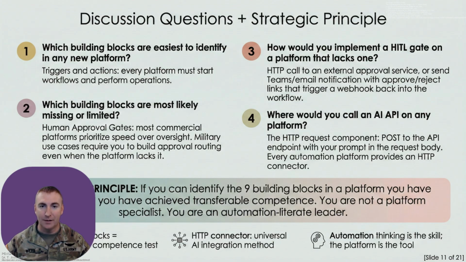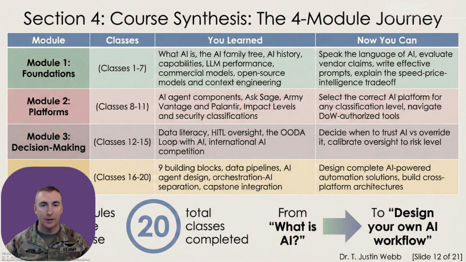Every automation platform has one. The principle: if you can find the 9 building blocks in a platform you have never used, you are not a Power Automate specialist. You are an automation literate leader. The platform is the tool. The thinking is the skill. And that skill grew across every module of this course. Look at where you started and where you are now.